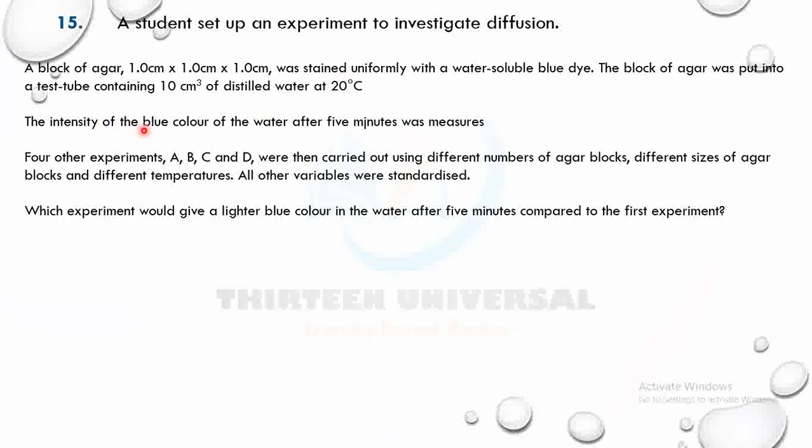The intensity of the blue color of the water after 5 minutes was measured. Four other experiments, A, B, C, D, were then carried out using different numbers of agar blocks, different sizes of agar blocks, and different temperatures. All other variables were standardized.